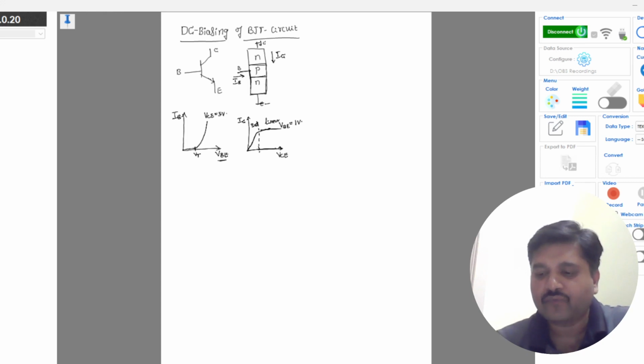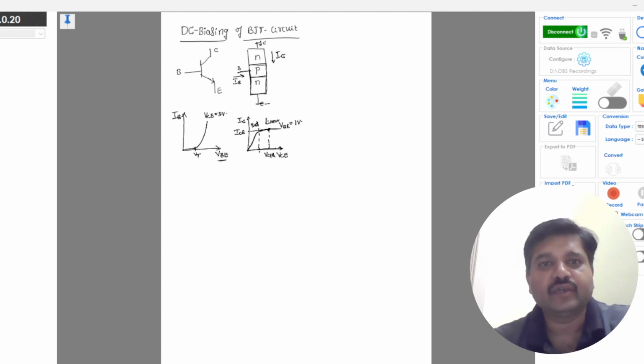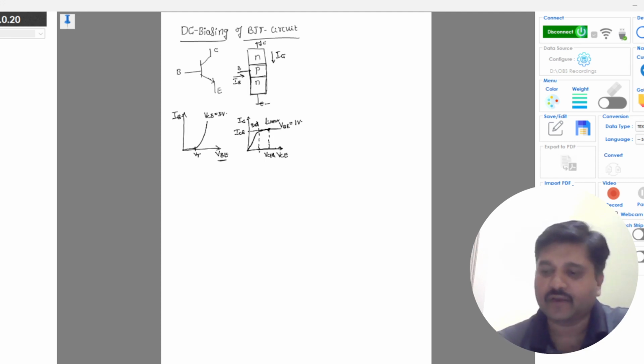And the value corresponding to this point, this Q point, is called ICQ and the voltage corresponding to this point is called VCEQ. This is the Q point that we have to achieve before we use this device as an amplifier.